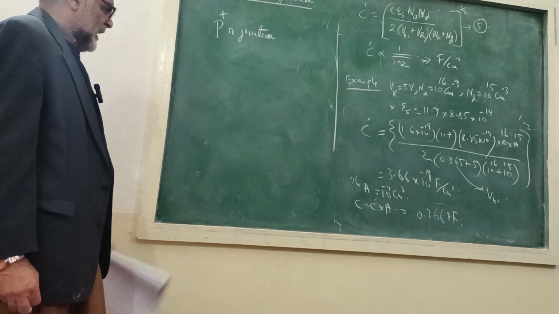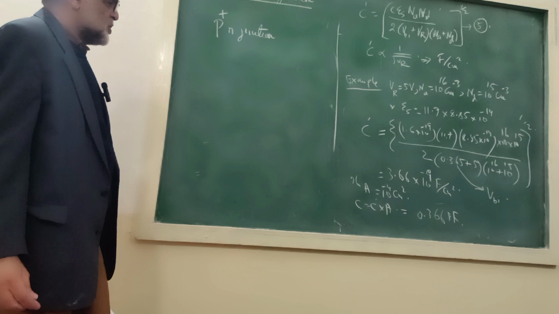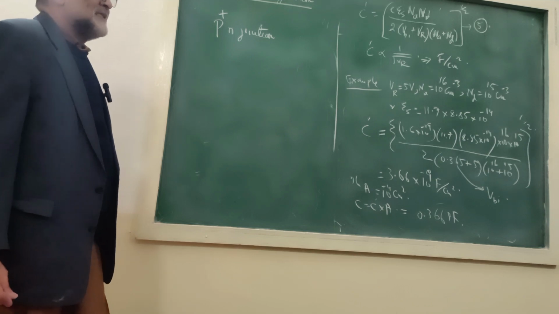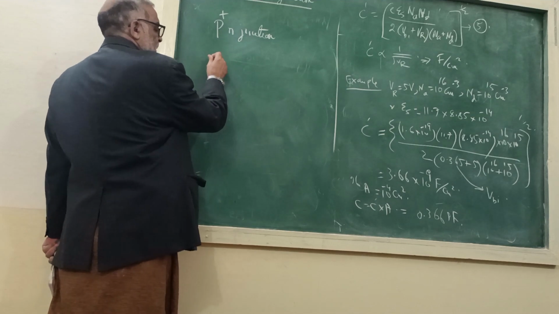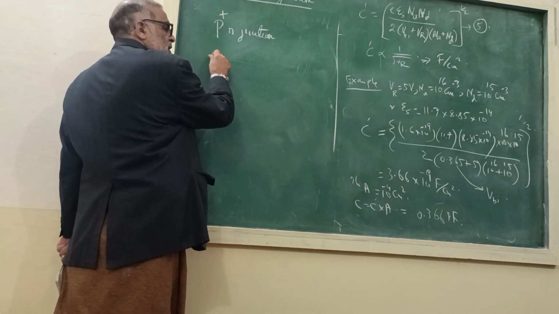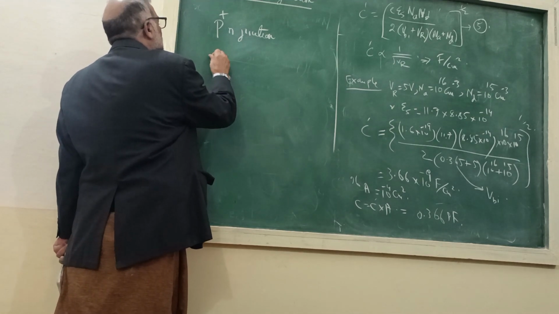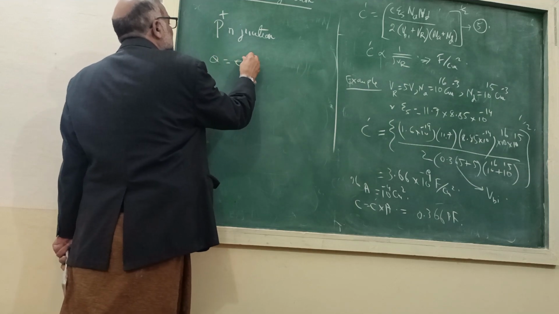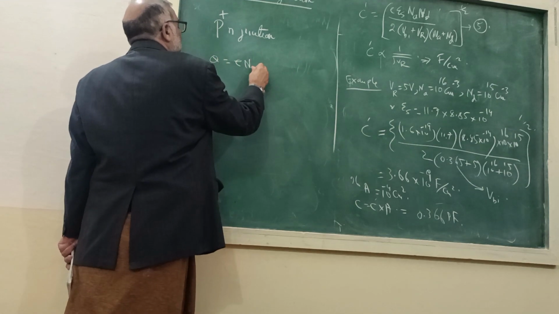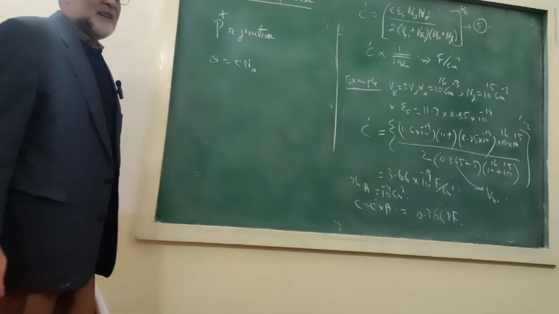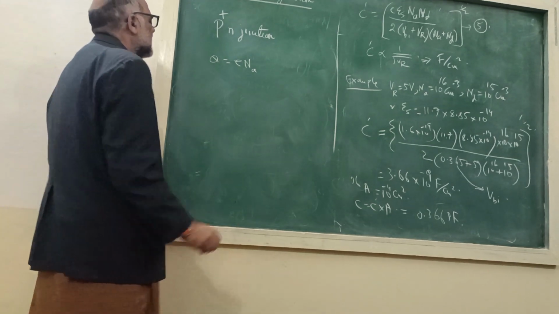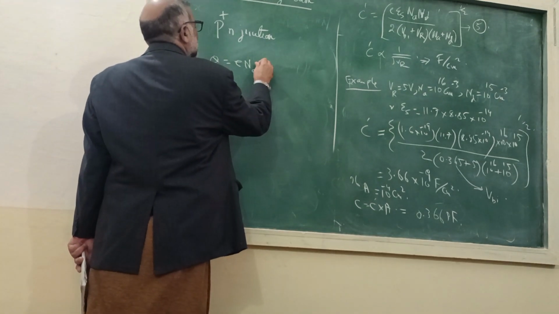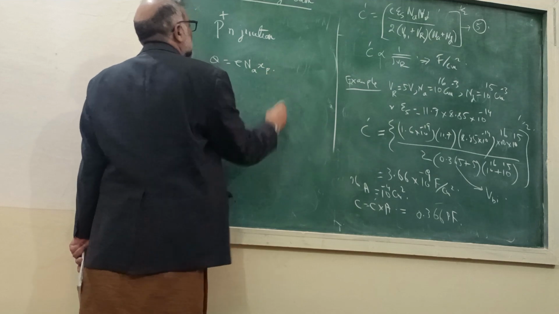As you ask the question, right? The charge Q is equal to E, N A and X P, or N D and X N, we said.